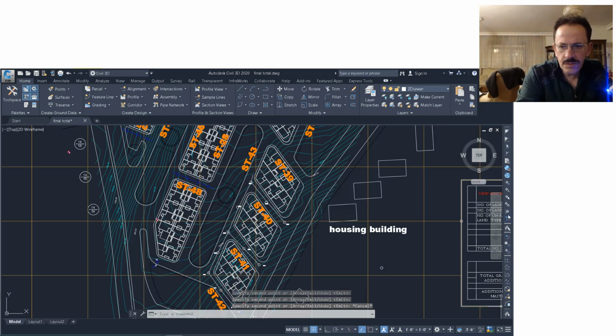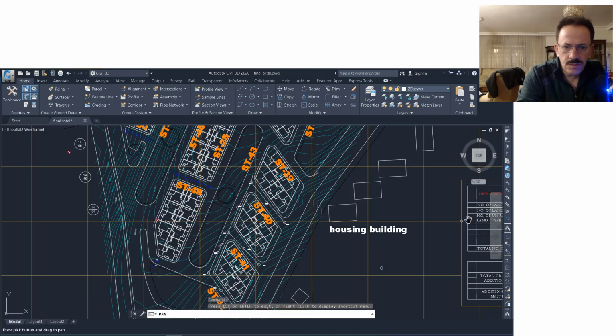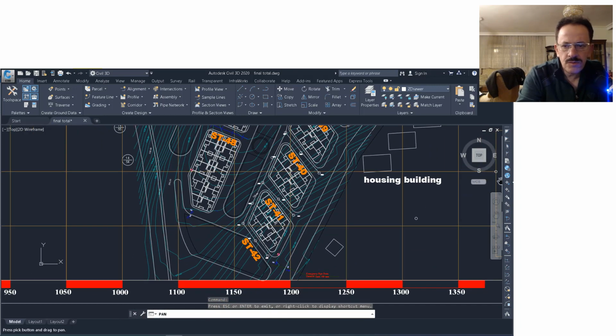Now what I have to do is to renumber. I'm just going to renumber the values.